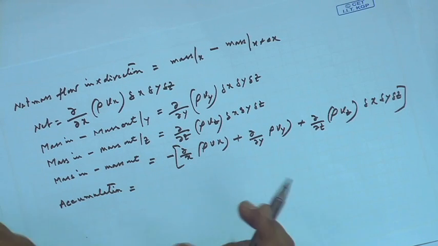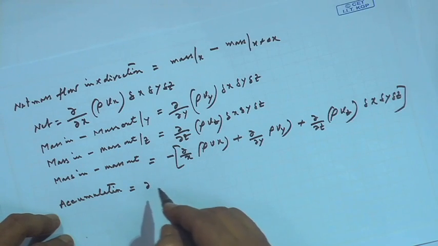With respect to time, if there is accumulation, it is not steady, it is unsteady. With time, there will be some accumulation. So, the change in mass with time in the entire volume is the accumulation.